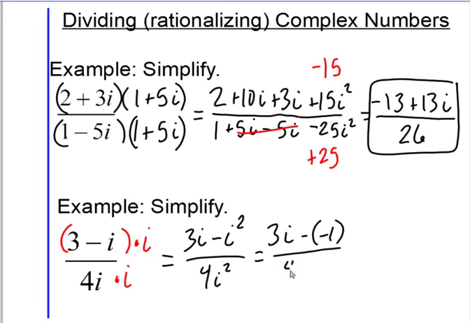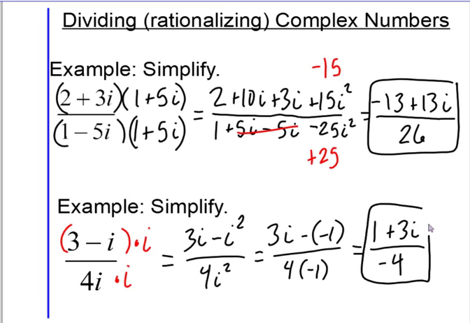And I have a 4 times a negative 1. Remember, I'm doing this because i squared is equal to negative 1. So my final answer would be a negative times a negative is a positive 1. Let's put it in front because that's standard form. And then a positive 3i afterwards. And on the bottom I have a negative 4. There's nothing else I can do to this expression to simplify it anymore.